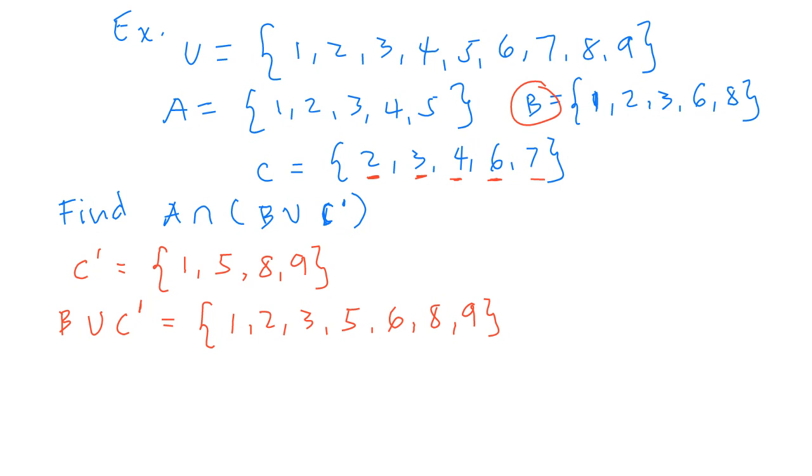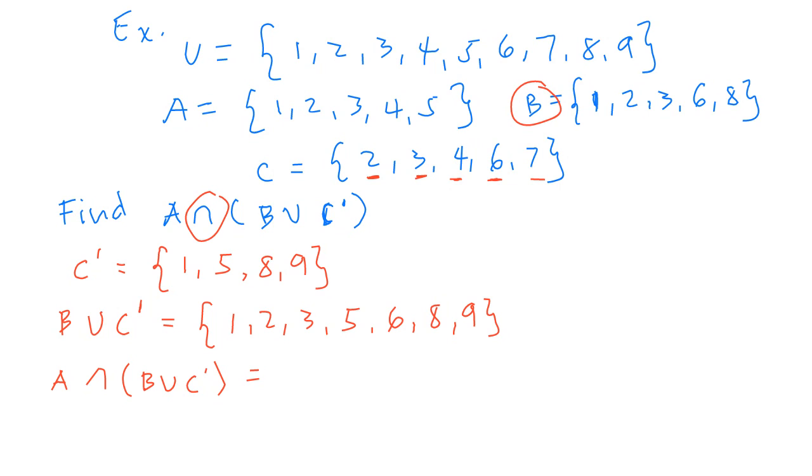So next, it's the intersection. So we're working on this now. It's the intersection between the two sets here, A and the group B union C naught. It should be the common elements.